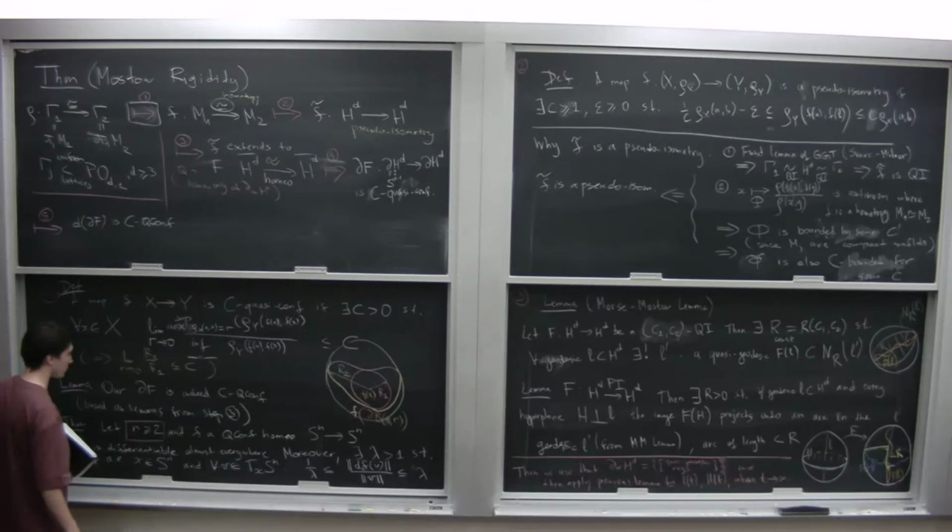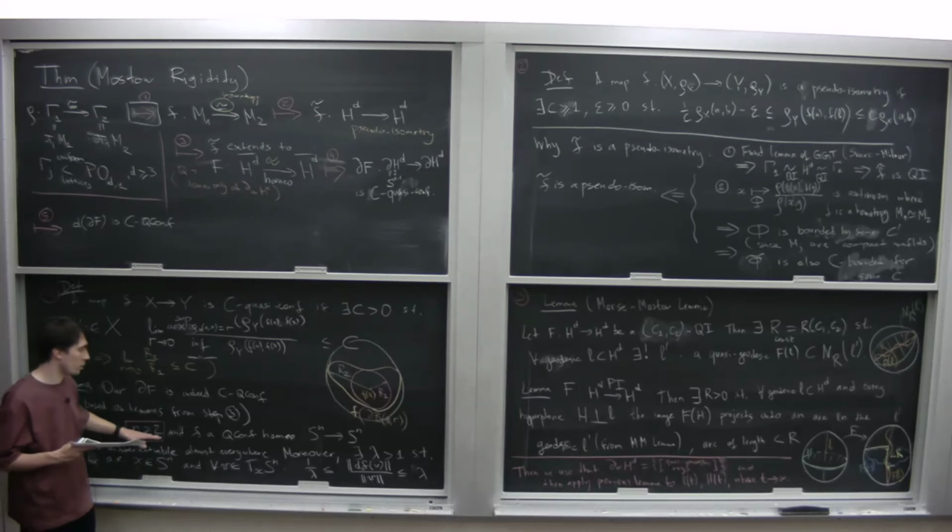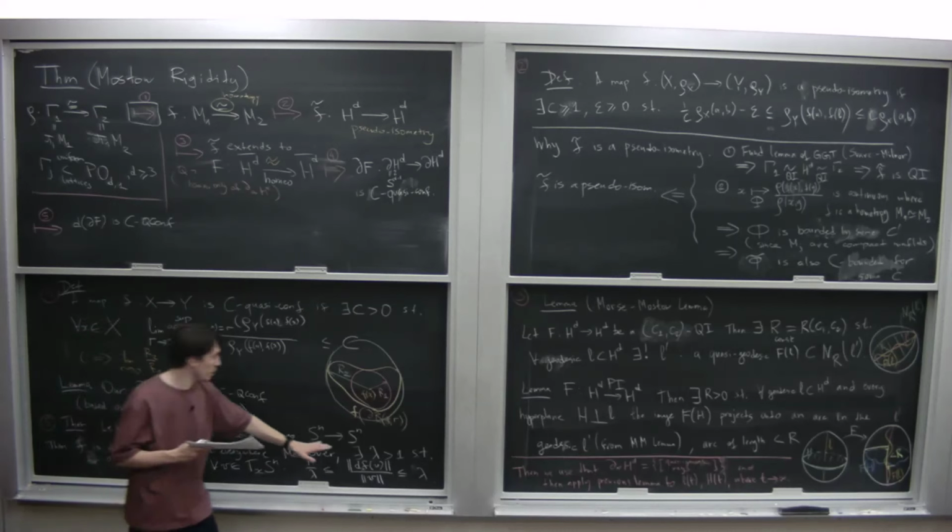So for n equals 1, we have homeomorphisms whose differential is 0. There are homeomorphisms of a circle with differentials being equal to 0.